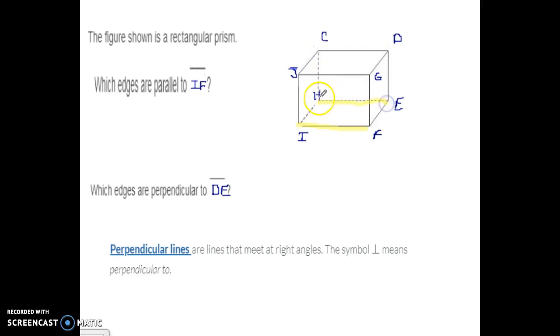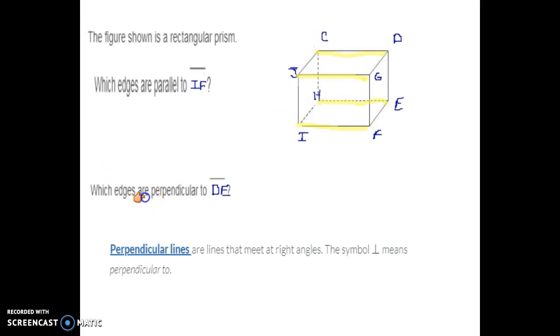That's kind of the most obvious, HE. But then we also have JG here. And then if these are parallel, this one is also parallel. So we've got 3 additional edges that are parallel to IF.